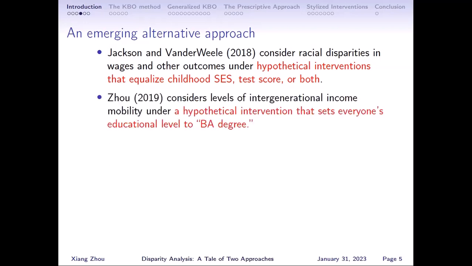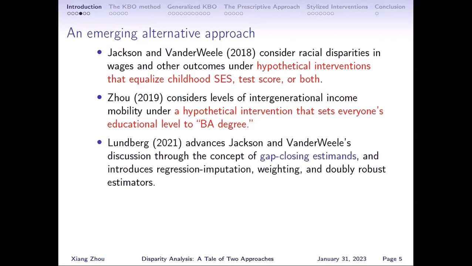And in one of my own studies, I considered levels of intergenerational income mobility under a hypothetical, somewhat idealized intervention that sets everyone's educational level to bachelor's degree, to see if bachelor's degree attainment can really reduce intergenerational persistence of economic status. And partly inspired by these studies, Ian Lundberg, alumnus from the sociology department here at Princeton, advances Jackson and VanderWeele's discussion through the concept of gap-closing estimate, where he also introduced a range of regression imputation, weighting, and doubly robust estimators for this estimate.